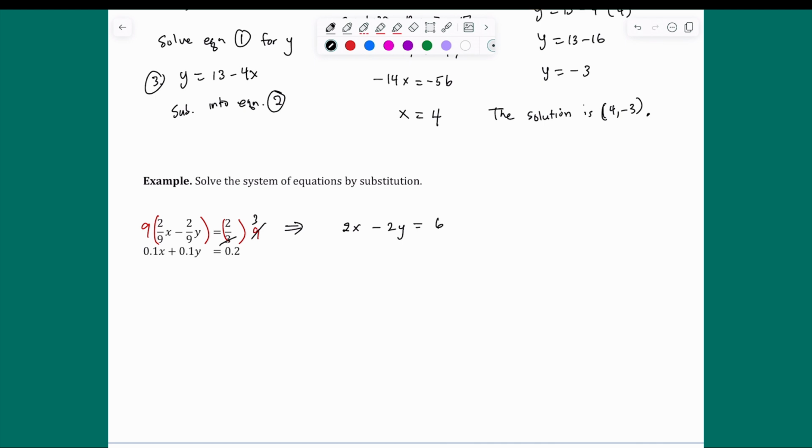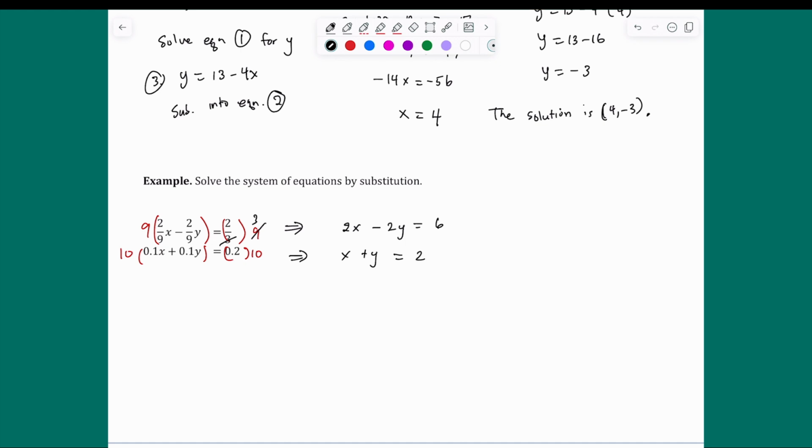Alright, and then the next equation here, I would multiply both sides by 10, which would tell us that we would get a new equation of basically x plus y equals 2.